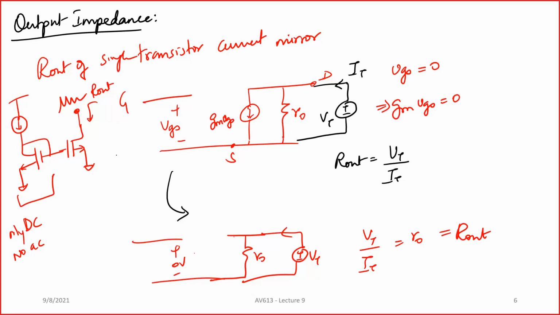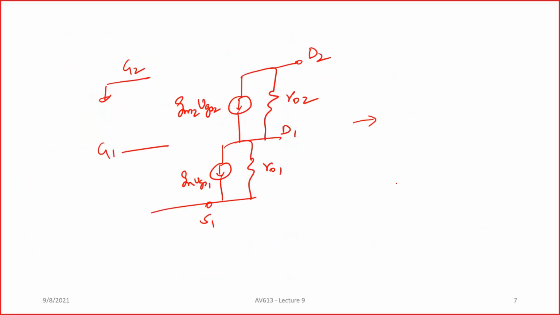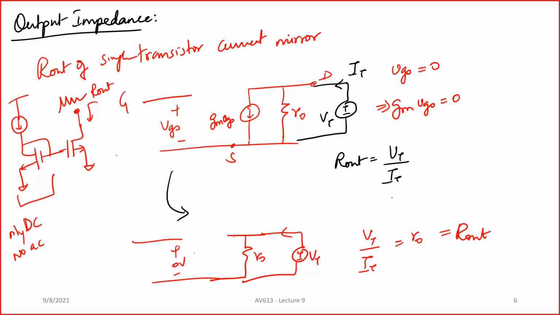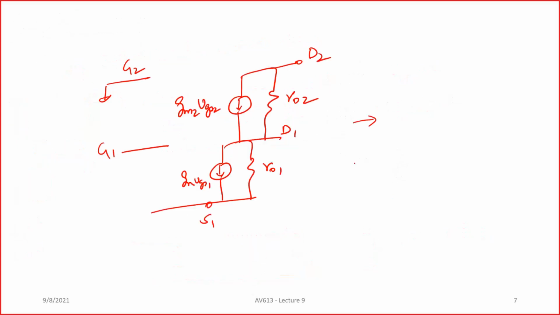Basically, it's the same thing. But the moment you go for a cascode, you'll get a slightly more complicated expression. The final value you can get from your simulation, but you'll also get the expression, and that gives us a lot of insight into how things work.